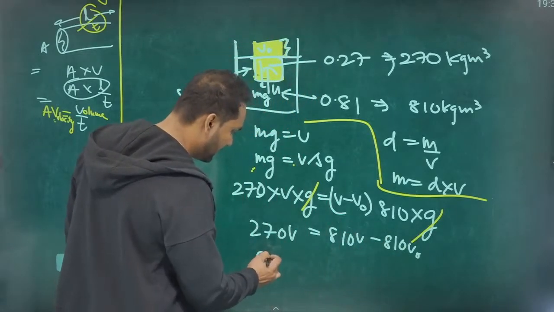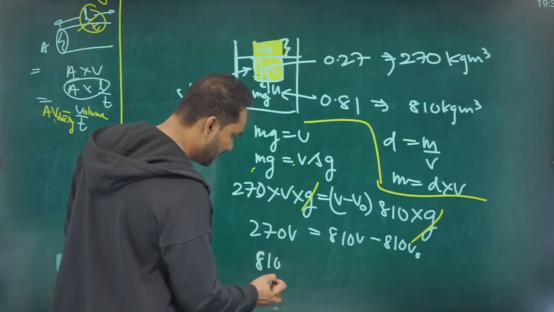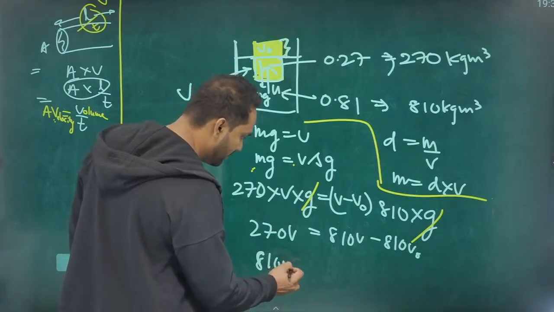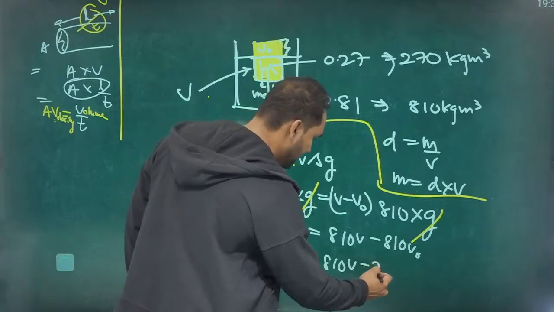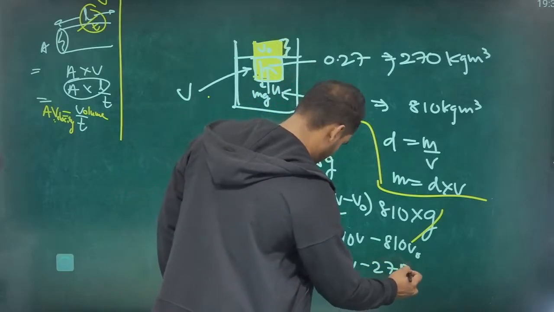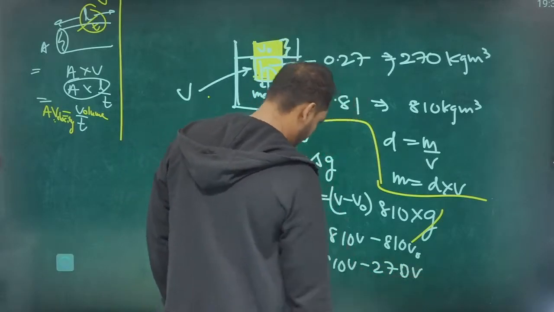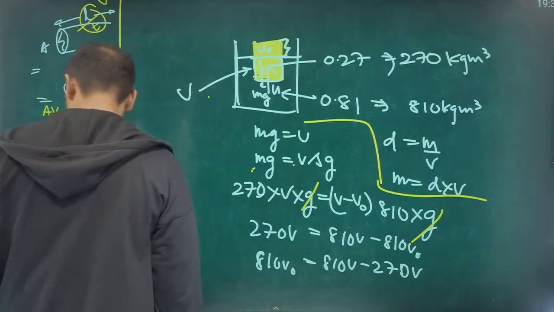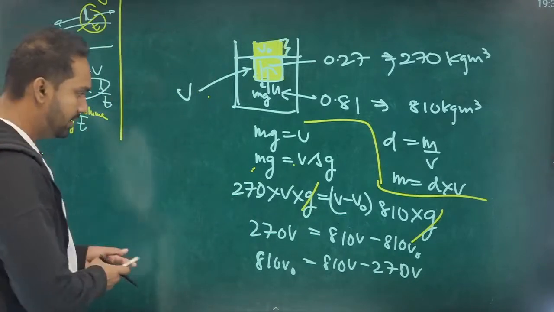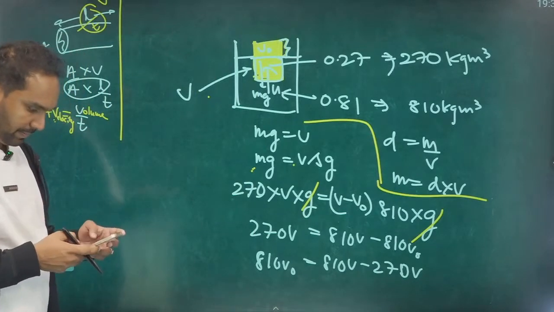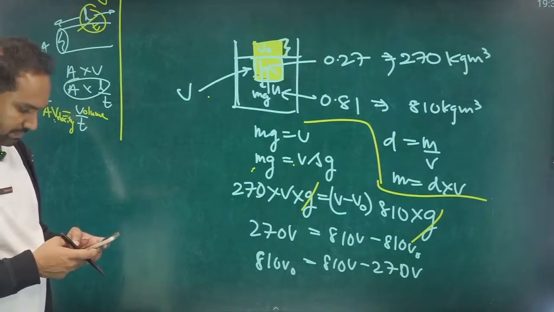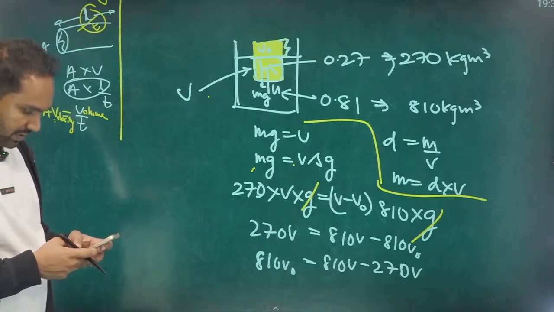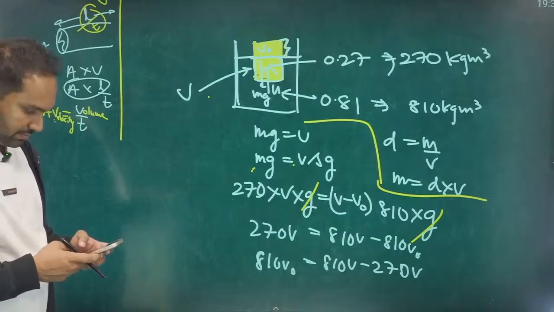That makes 810V naught equals 810V minus 270V. How much is 810 minus 270?